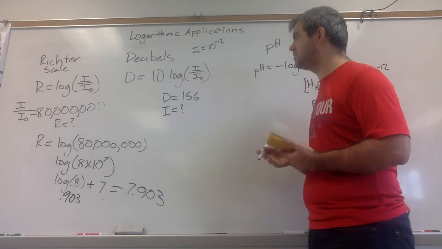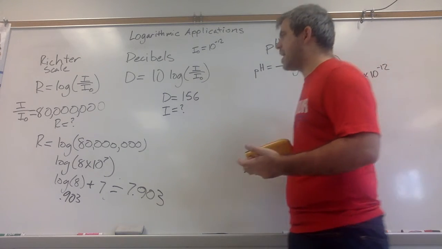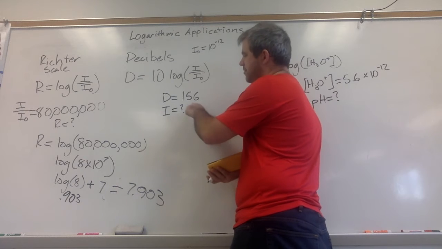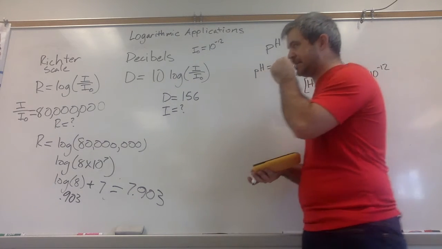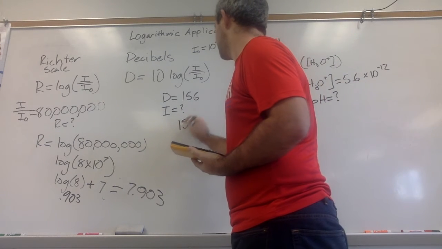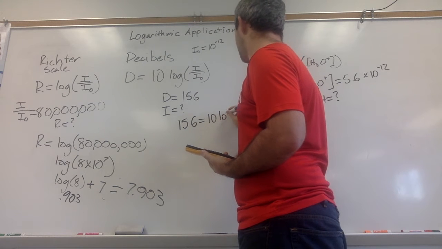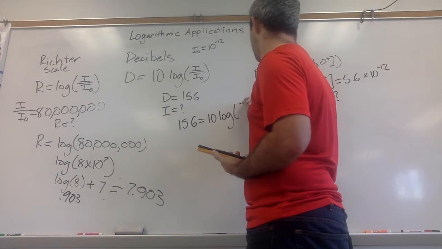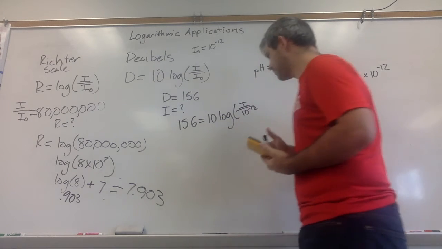It's 10 to the negative 12. And it wants to know, if the number of decibels is 156, then what is this intensity? So I plug this in. I also plug in this value that they gave me.